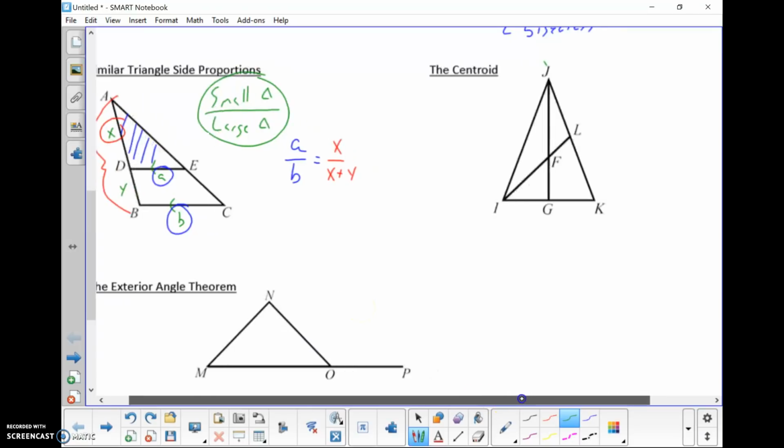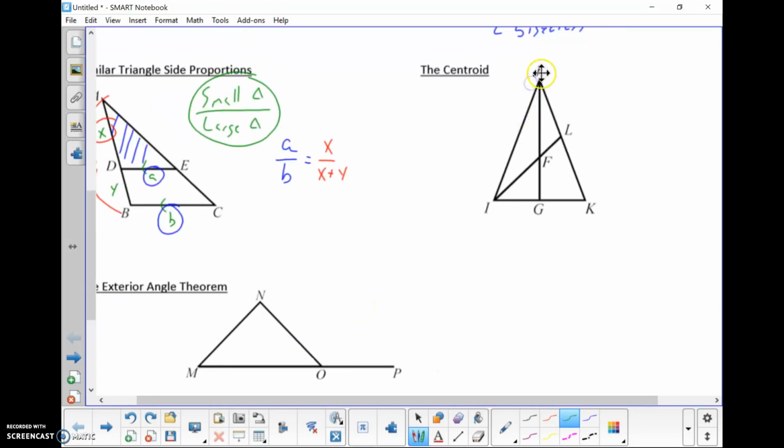The centroid. Remember where the centroid comes from. It comes from the fact that this point L here is a midpoint, which makes IL not a midsegment, I'm sorry, a median.